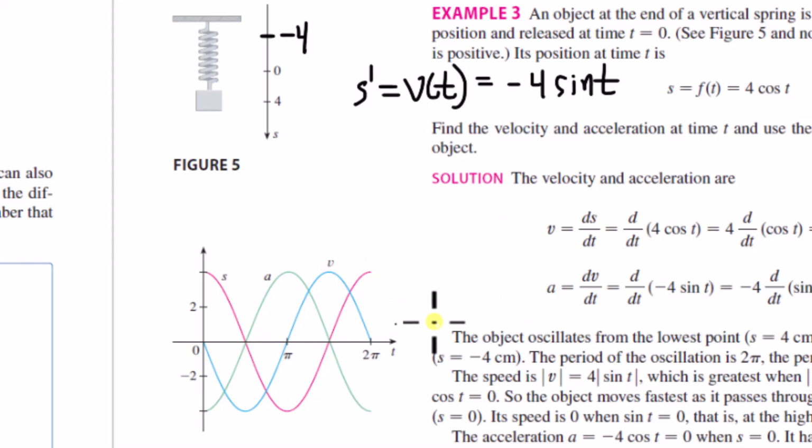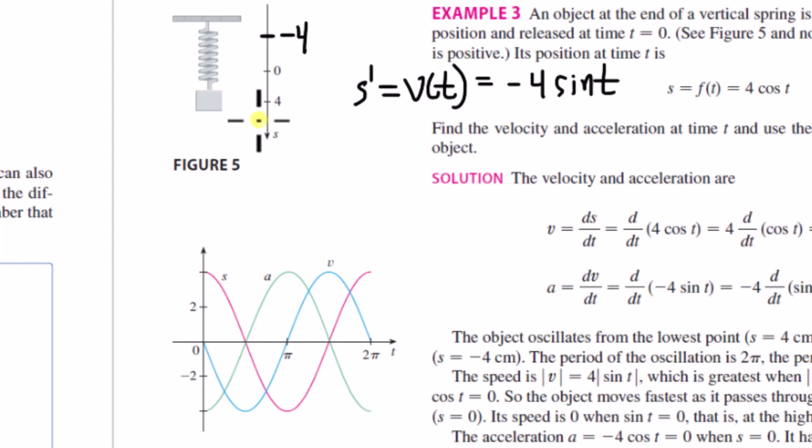The idea is, you pull the block to 4 centimeters, and right at the instant you release the block, at time 0, the instantaneous moment, even shorter than nanoseconds, the acceleration is maximum and it's in the negative direction.